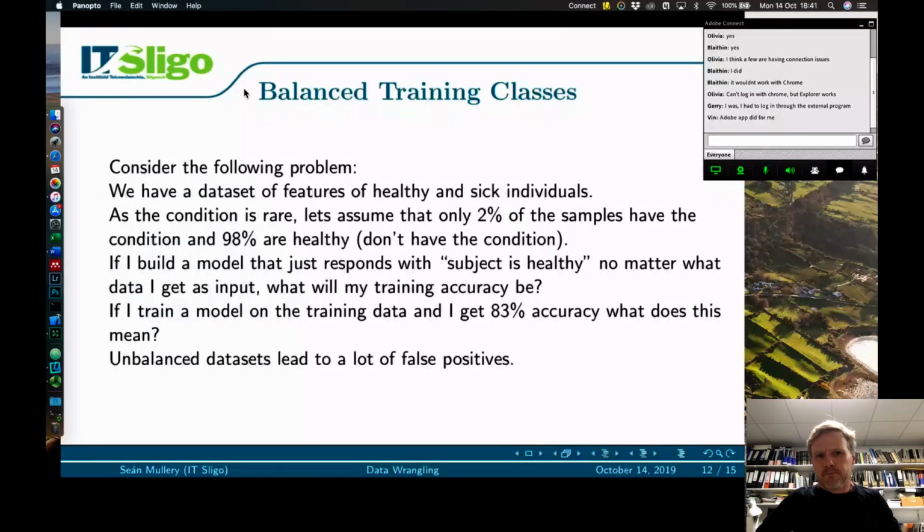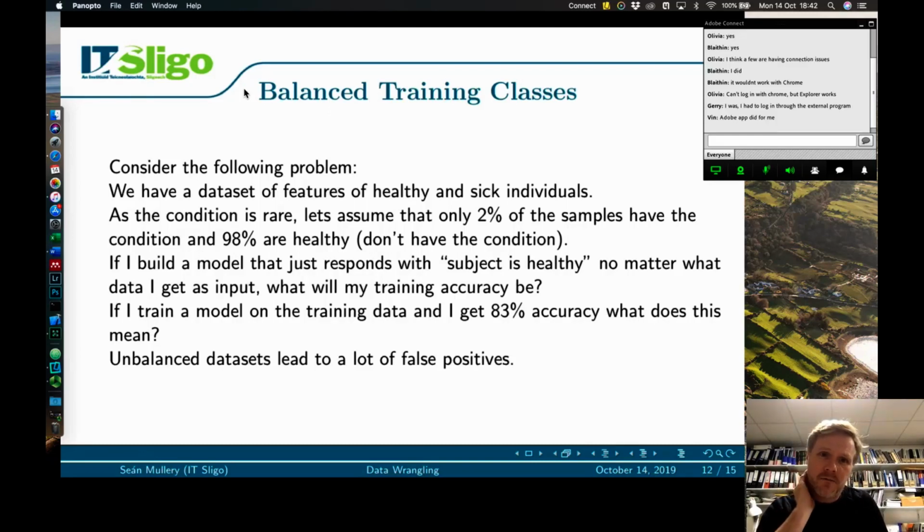Now, another problem that we can face, and it is a problem you're going to see with the data set that I've given you, and it's a particular problem in medical circumstances or in the autonomous vehicle space as well, is this: we don't have enough samples of classes that are unusual. Consider the following problem.